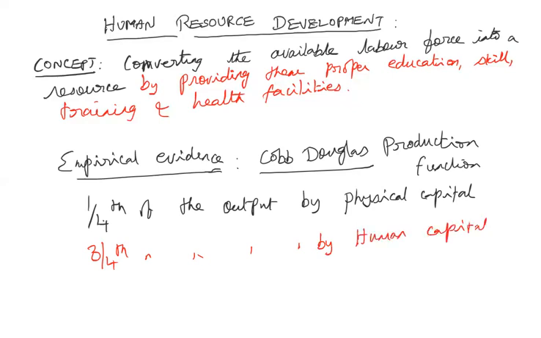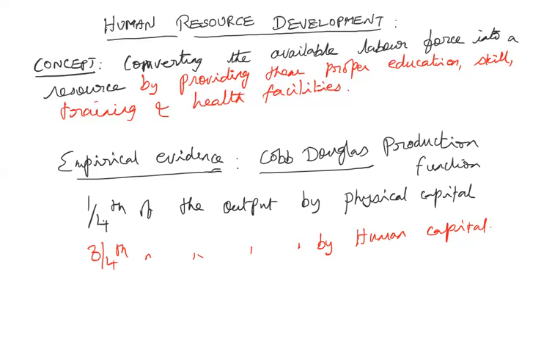So this is the advantage of having an efficient labor force in a particular country. We all know that most of the developed countries, their population is less, their labor force is very small. But still, how come they are so developed? They are able to maintain that development because the productivity per labor keeps on increasing.